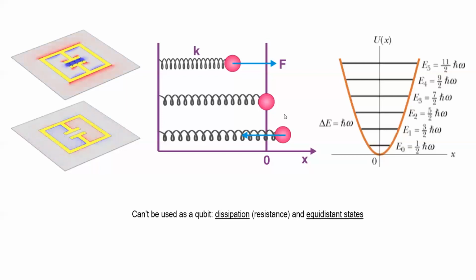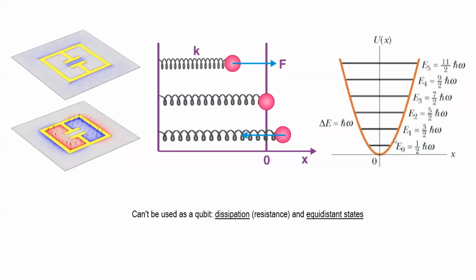But in order to be able to use the system as a qubit, I would like to make this third state just slightly lower, so the second photon wouldn't cause this second transition to the upper state, because it's a different frequency.